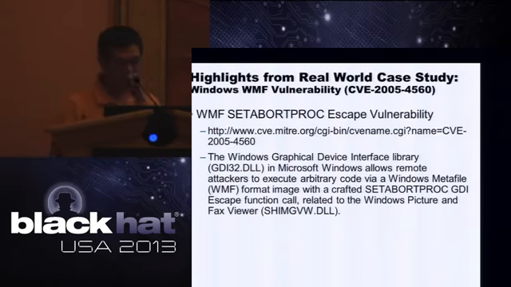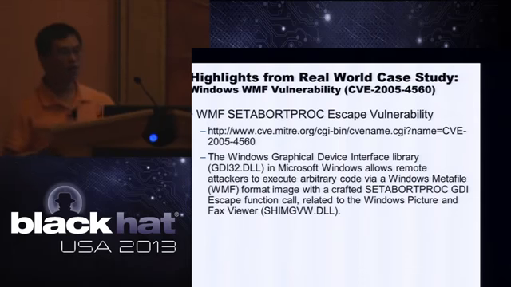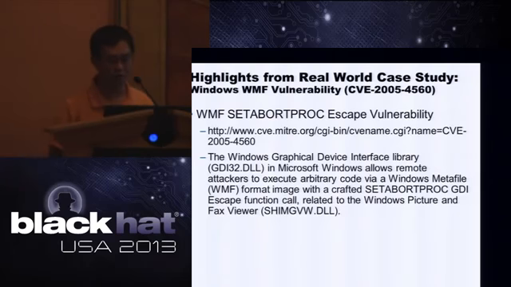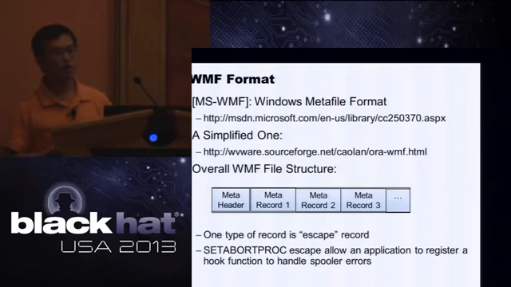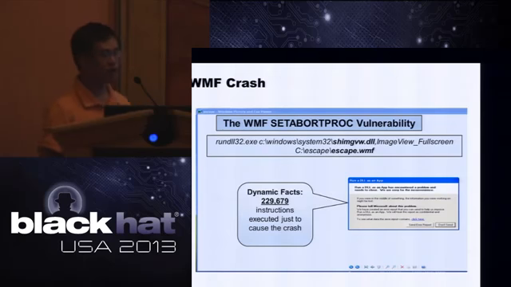Okay, so I will just highlight a few facts for the WMF vulnerabilities. For details, you can hope to look at the slides after the talk. WMF had been in the news at the time when it was first discovered. There are quite a few ways to trigger this vulnerability from Windows. Almost everything you do will trigger it.